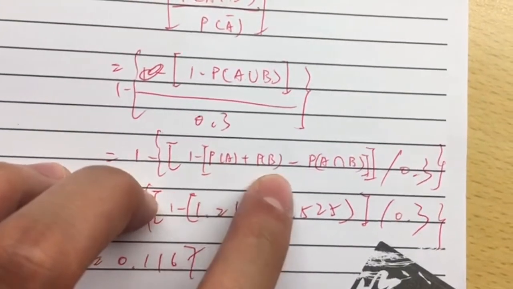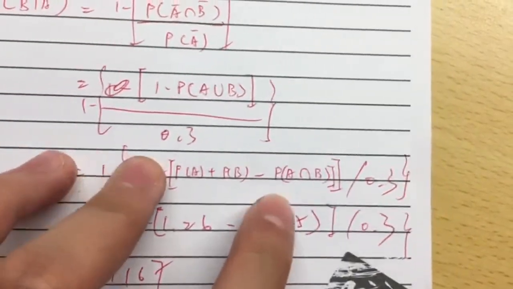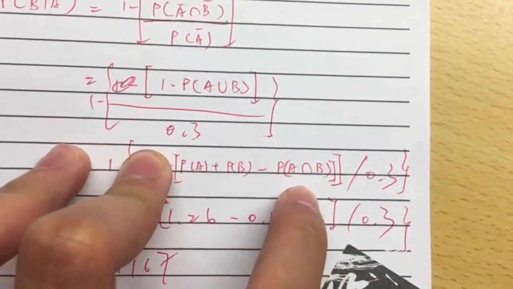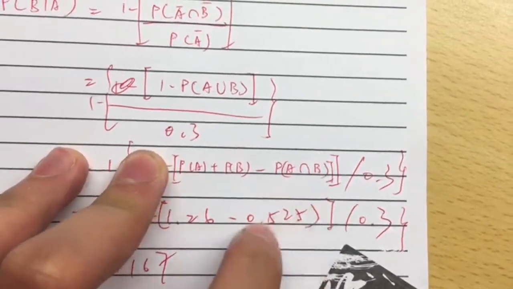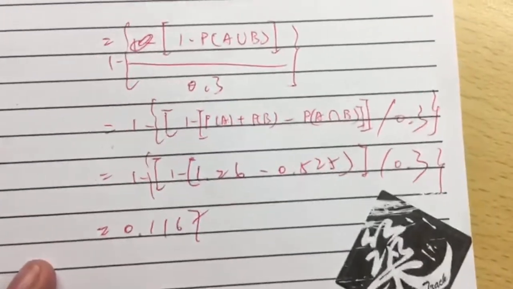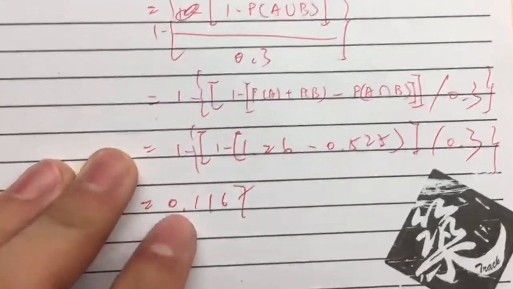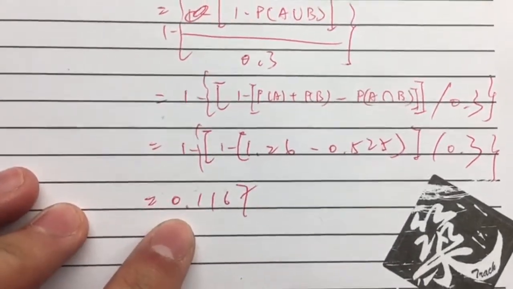Probability of A plus probability of B equals 1.26, while probability of A and B equals 0.525, like here, we've got this in the upper part. So the whole thing divided by 0.3 and then 1 minus the whole thing. We've got the final answer, 0.1167.